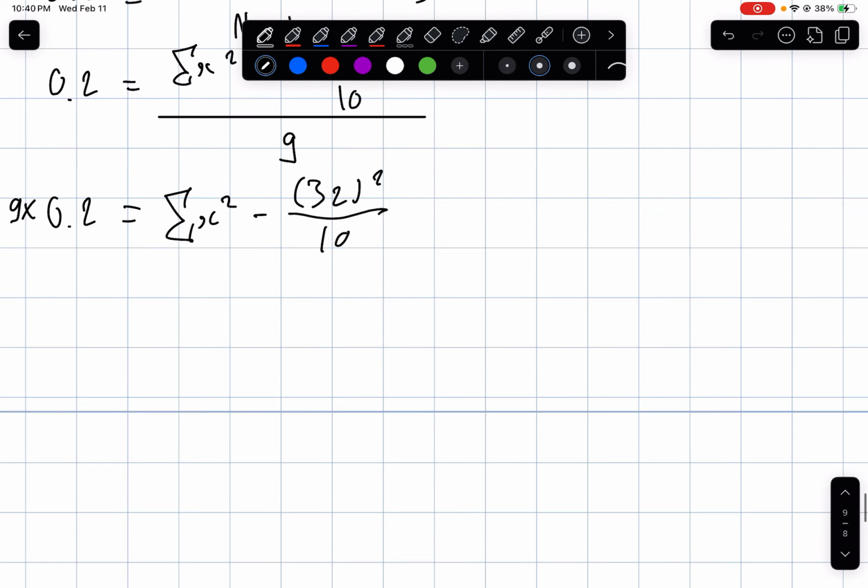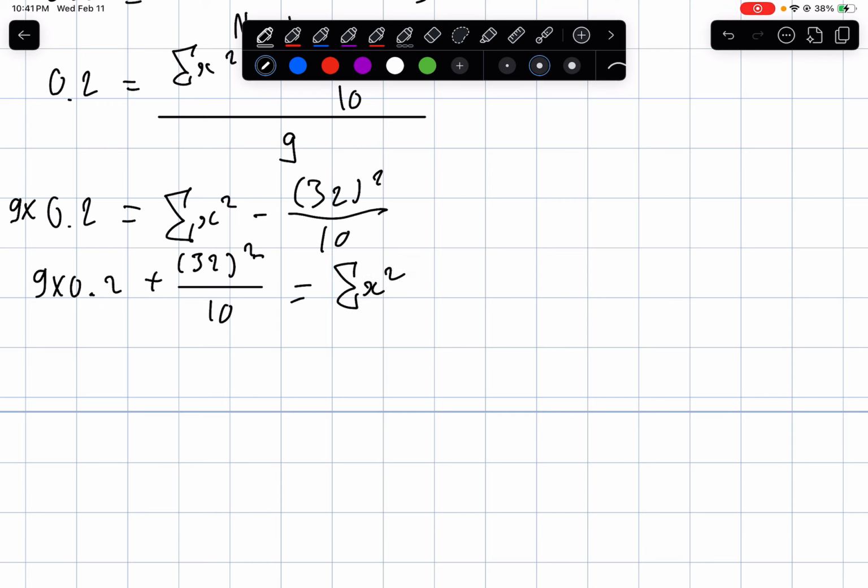Now we can shift it to one side, so we're going to rewrite it as 9 times 0.2 plus 32 squared over 10 equals the sum of x squared.